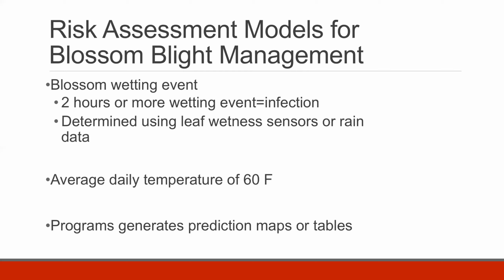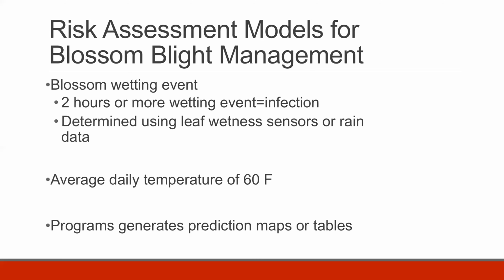In addition to the 4 variables I just mentioned, average daily temperature is also considered. If temperatures are 60 degrees or above, then that gets considered in the model in order to predict risk level. And these programs generate prediction maps or tables that can be used by the grower.